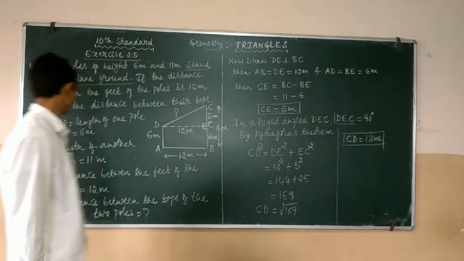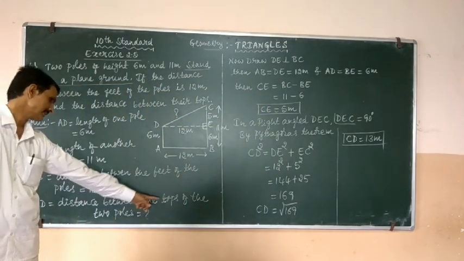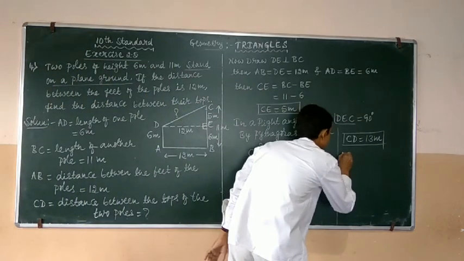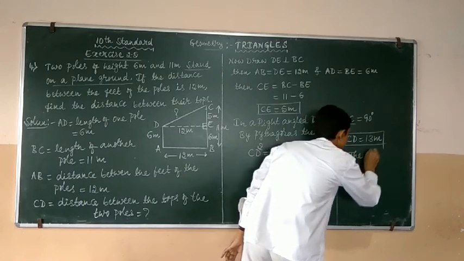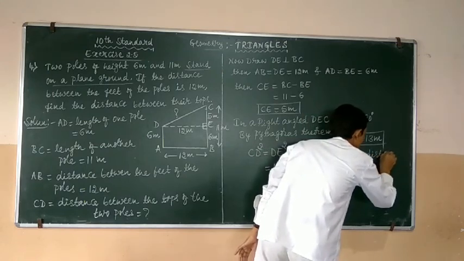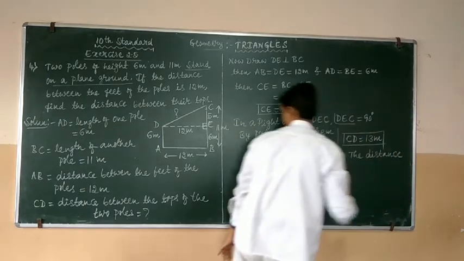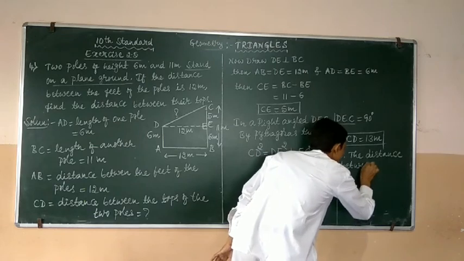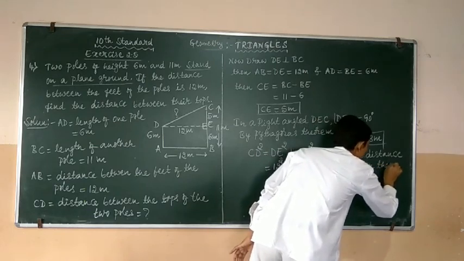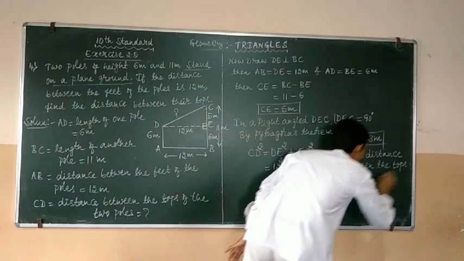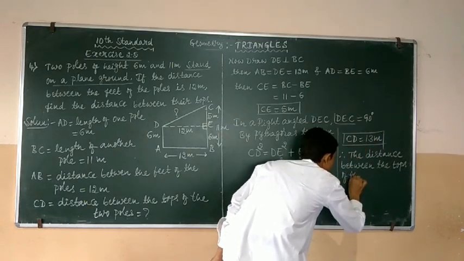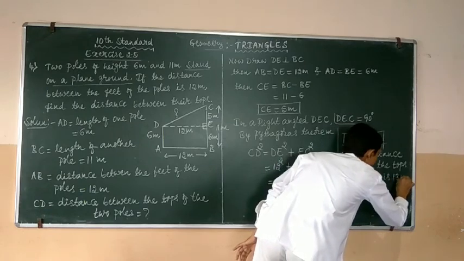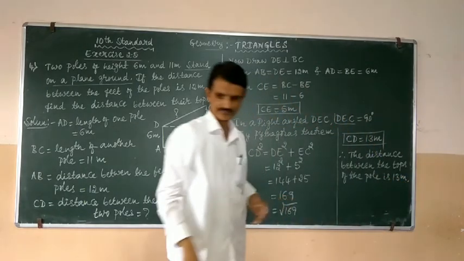Students, therefore, the distance between the tops of the two poles is 13 meter. Okay, students.